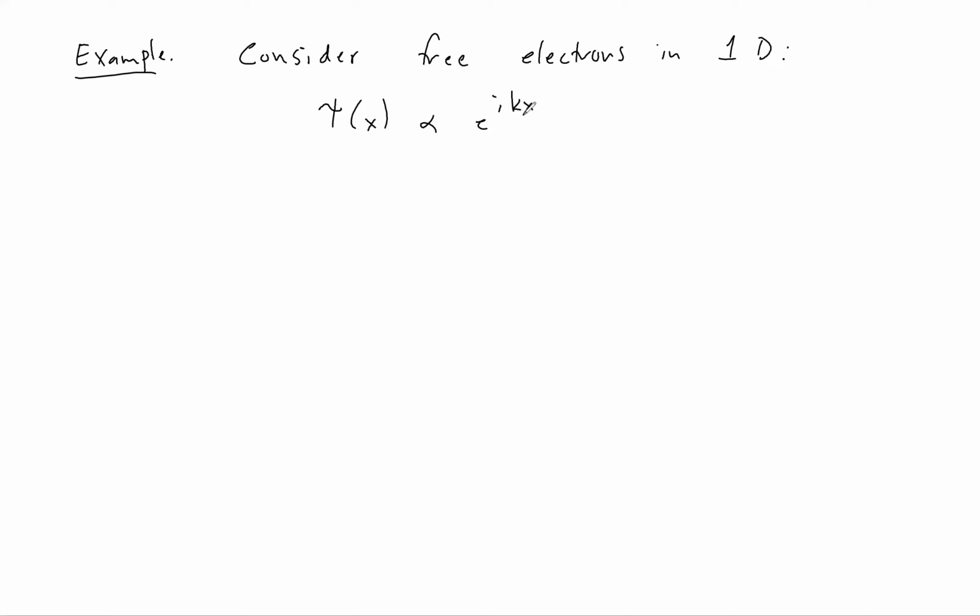Okay, and the allowed values of k depend on the size of the sample that we're considering. Let's call this psi k of x. This wave function clearly has the Bloch form. It's a plane wave times a function, which is just unity, that obviously has the periodicity of the lattice. We'll say the lattice itself, remember this is a fictitious lattice here, has lattice constant a.